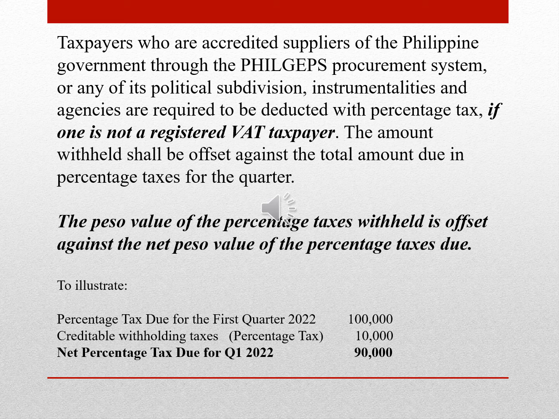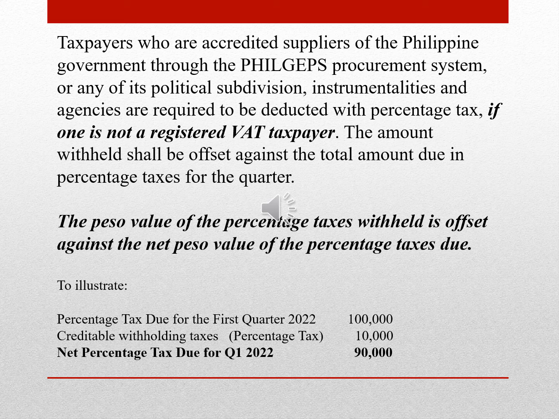To illustrate, if the percentage tax due for the first quarter of 2022 is 100,000, and for all your government contracts or procurements that you have entered into, you receive from the government Form 2307 of 10,000, then that can be offset with your percentage tax due for the first quarter of 2022.